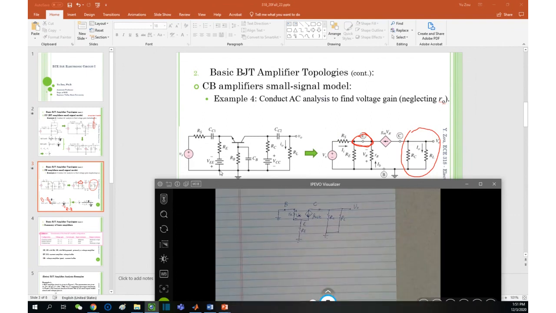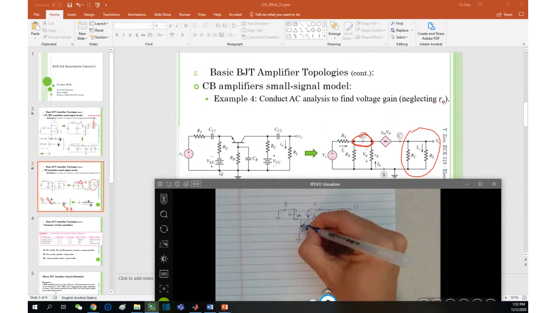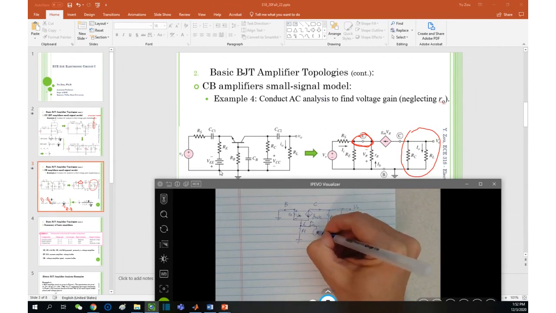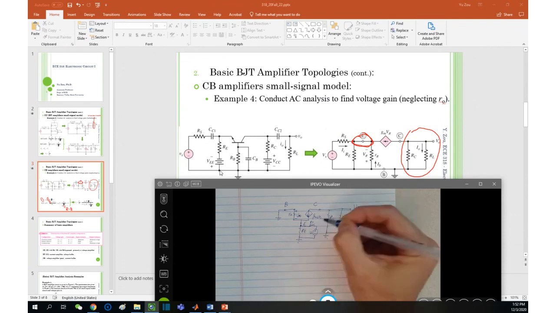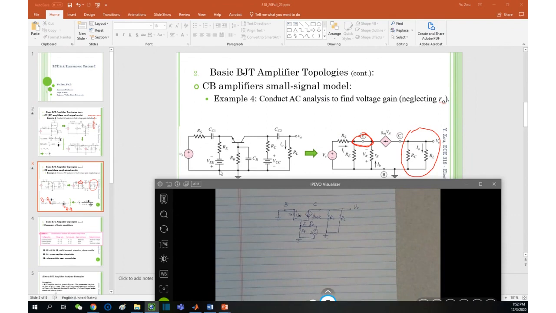Emitter is also connected to RS, and then the other terminal of RS is VS. And also be careful, the RS in series with VS is parallel with RE, right? Which means like this. Right? This is the emitter. This is the emitter.